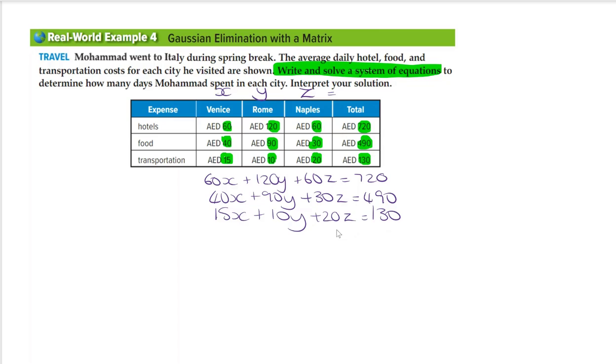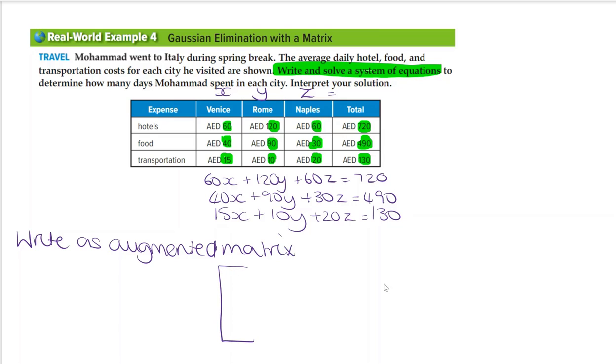So next we're going to write this as an augmented matrix. So we're going to use our values, all our coefficients.